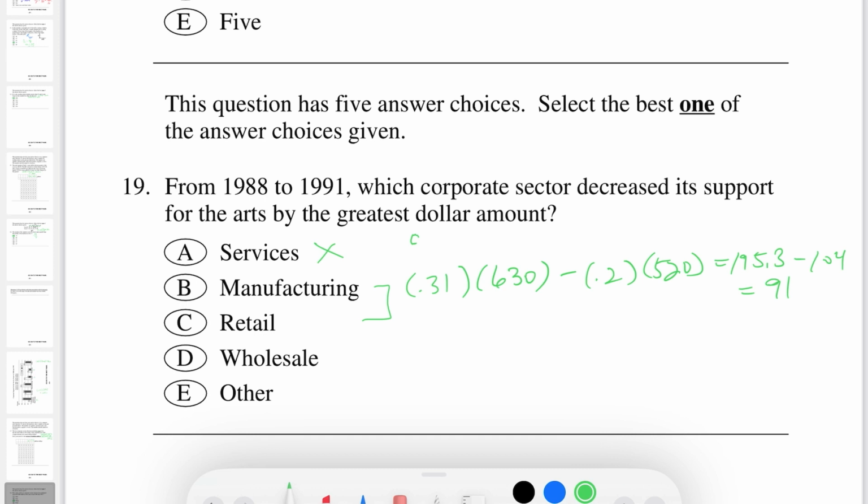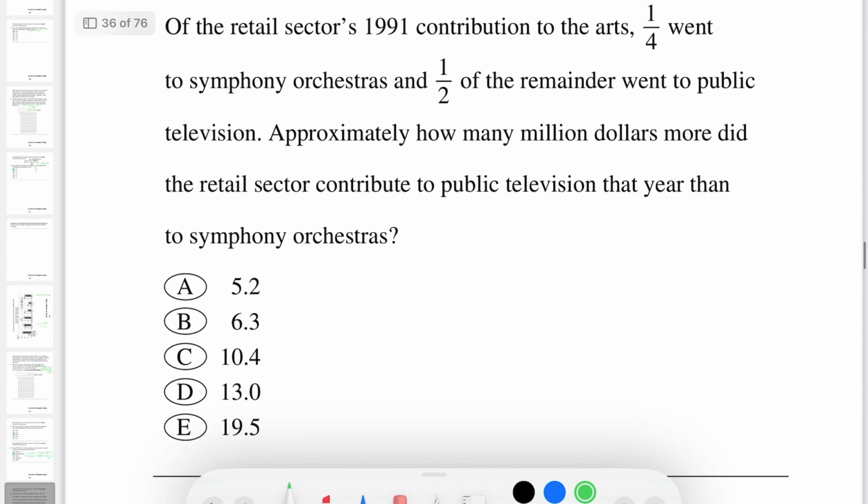And then retail, 19% of 630 minus 8% of 520 is 119.7 minus 41.6, $78.1 million. So it looks like manufacturing had the biggest decrease in support for the arts.